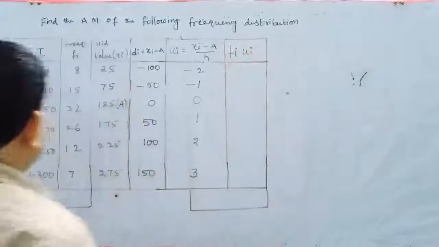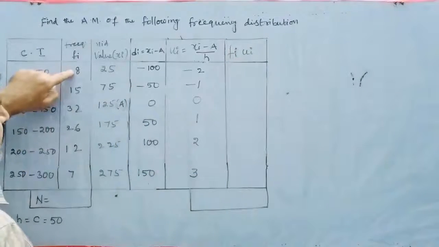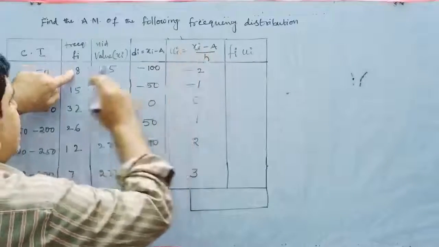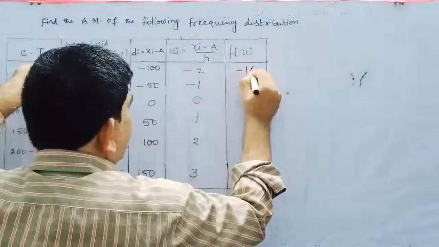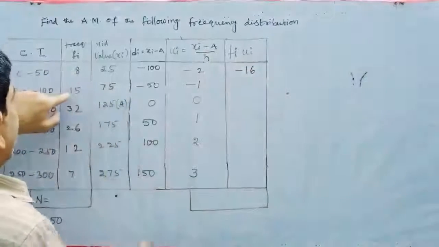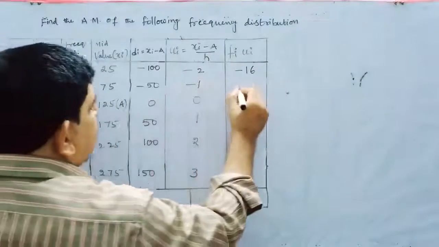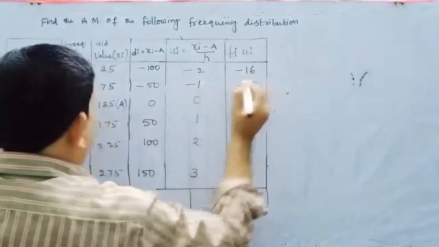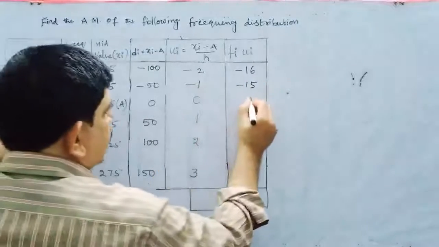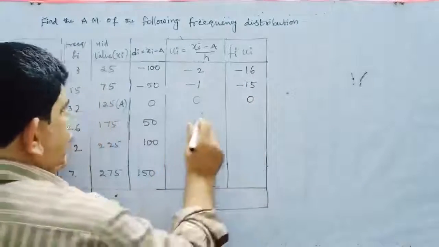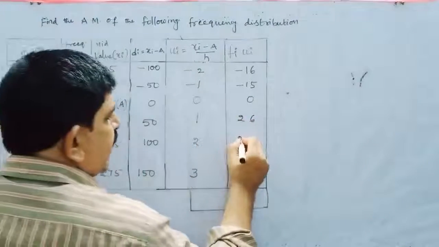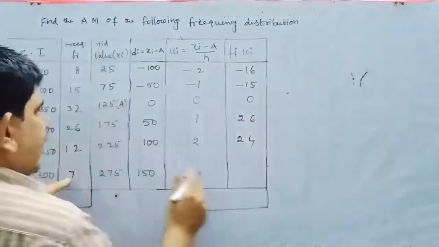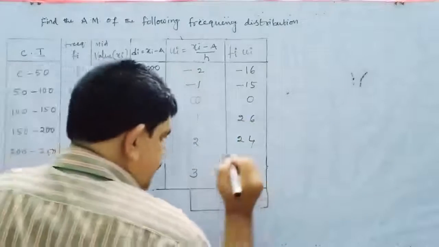fi ui. fi is frequency and ui is these values. Now 8 into minus 2, minus 16. 15 into minus 1, minus 15. 32 into 0, 0. 26 into 1, 26. 12 into 2, 24. 7 into 3, 21.